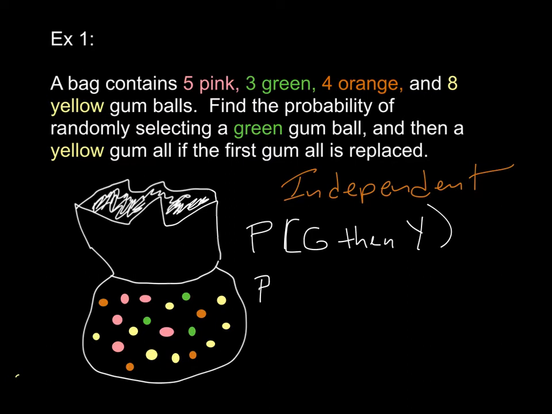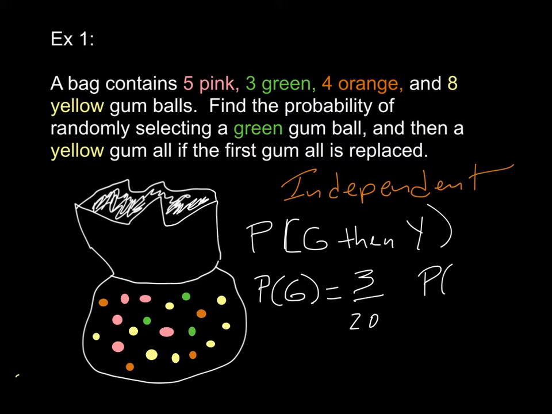The probability of picking a green gumball is, we have 3 green, which is what we were told in the problem. And total gumballs we have are 5 plus 3 is 8, plus 4 is 12, plus 8 more is 20. So the probability of getting a green gumball is 3 over 20.